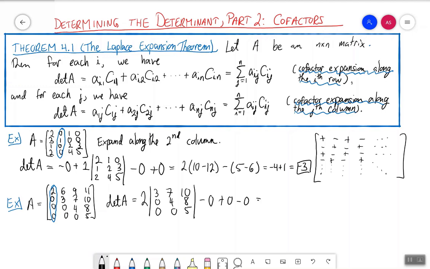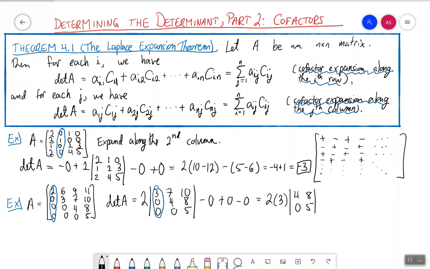This is then equal to 2 times 3 times the determinant of 4, 8, 0, 5, because here again I expanded along this first column, that being the column or row with the most zeros.